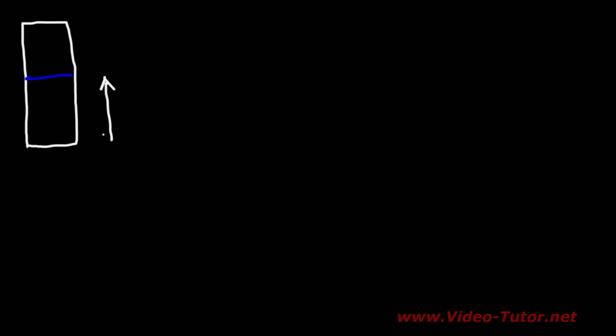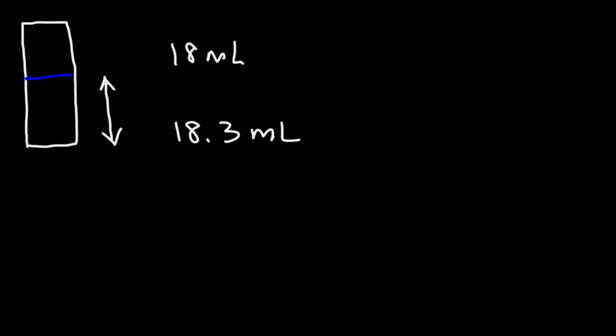Now let's say we have a graduated cylinder with liquid inside of it, and we want to measure the height of the liquid, or rather the volume of the liquid. Now let's say when we look at it, it looks like it's 18 milliliters. If we're given this measured value, what is the uncertainty compared to if we have, let's say, 18.3 milliliters or 18.34 milliliters?